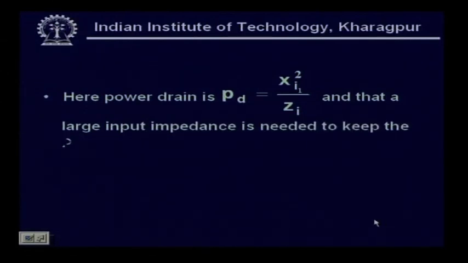Here the power drain is Pd equal to xi1 squared by Zi, and a large input impedance is needed to keep the power drain small, because some sensors, like a pH meter, should draw very small current. This is very important, because if it draws large current, it cannot measure the voltage actually, because it has internal large source impedance.